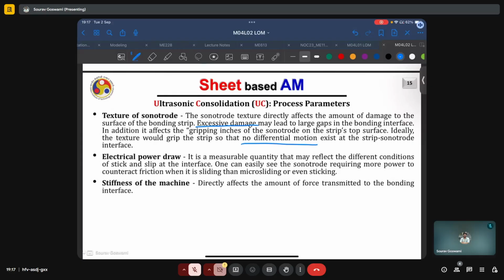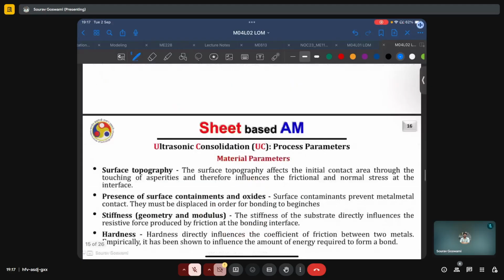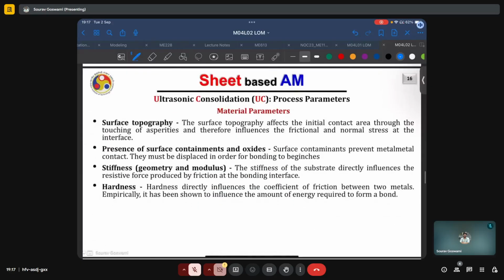One can easily see that the sonotrode requires more power to counteract static friction when it is sliding, which is more than the amount of friction needed to overcome micro sliding, which is more than that required to overcome sticking. And the stiffness of the machine greatly affects the amount of force transmitted to the bonding interface. These were all the machine parameters or the process parameters.